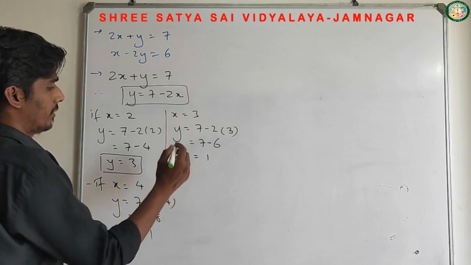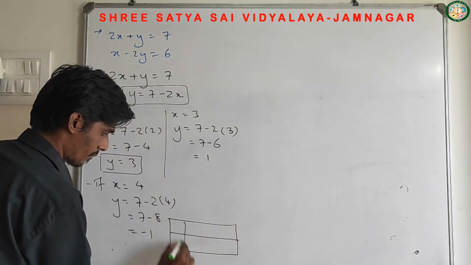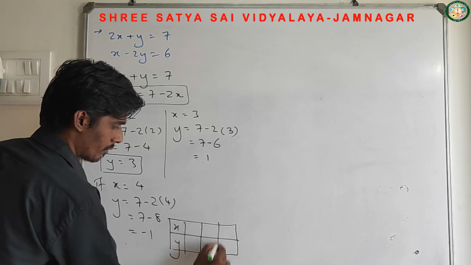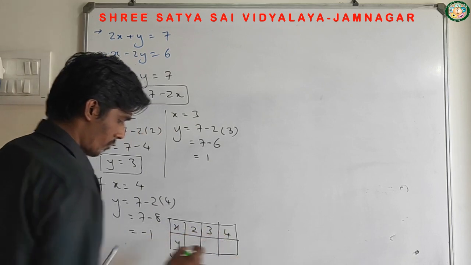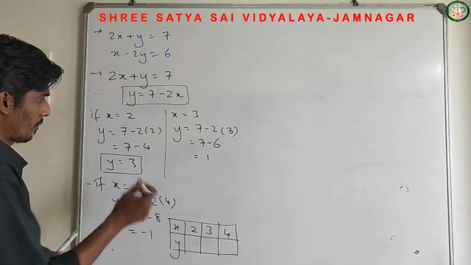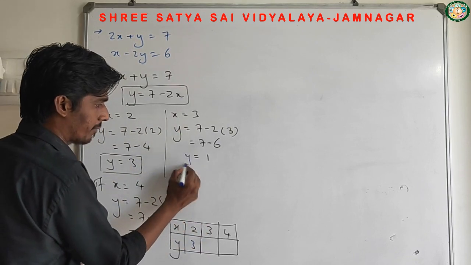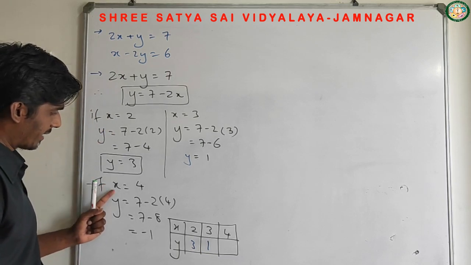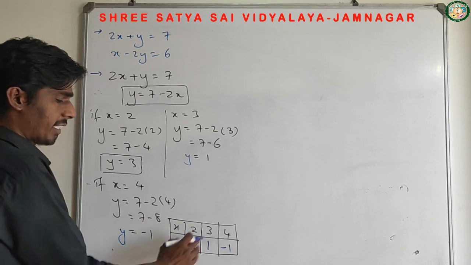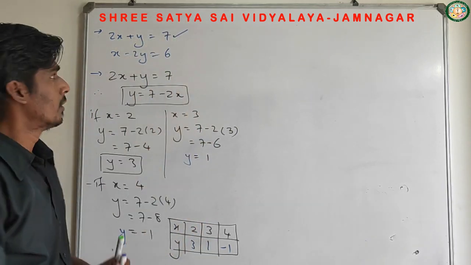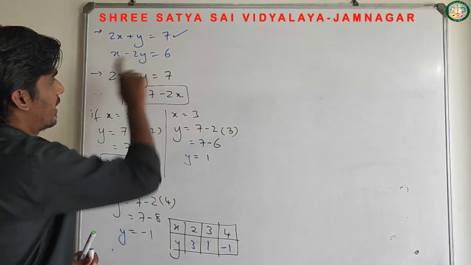So I got the first table, with x values 2, 3 and 4. The values of y are 3, 1 and minus 1. So these are the solutions for equation 1. Now whatever method I used for the first equation, I have to do the same for the second equation.